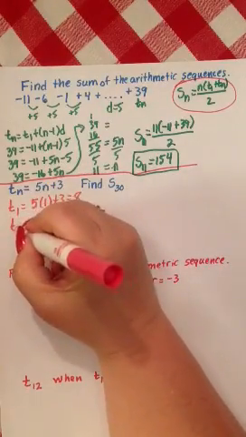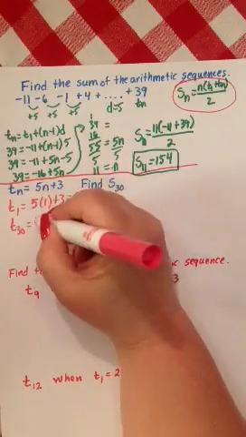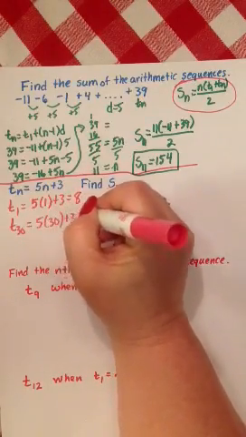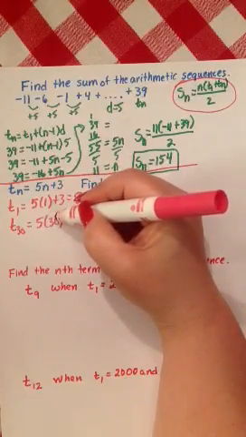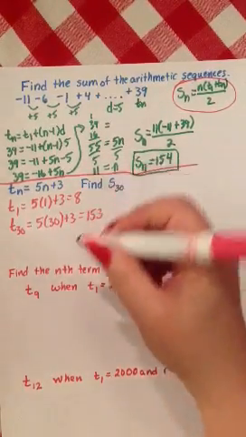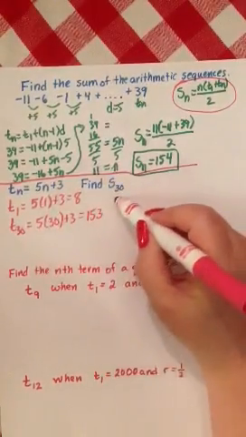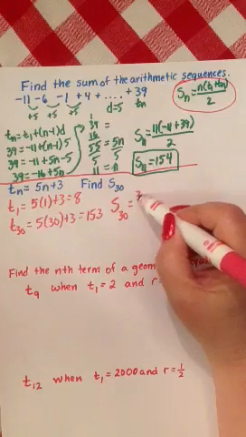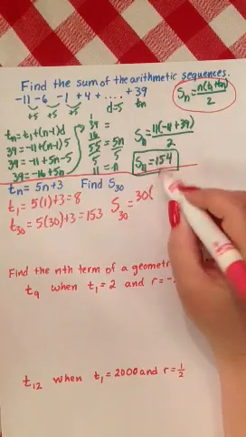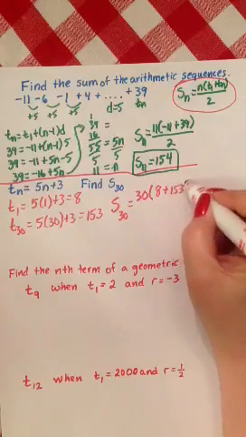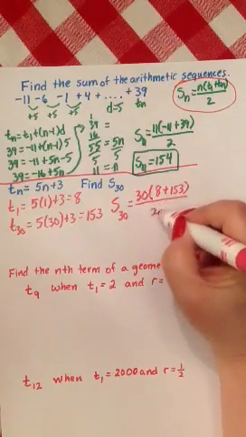And the 30th term would be equal to 5 times 30 plus 3, and 5 times 30 is 150, plus 3 is 153. So now I know t sub 1 and t sub 30, so I could say the sum of 30 terms is equal to 30 times the first term, which is 8, plus the last term, which was 153, divided by 2.